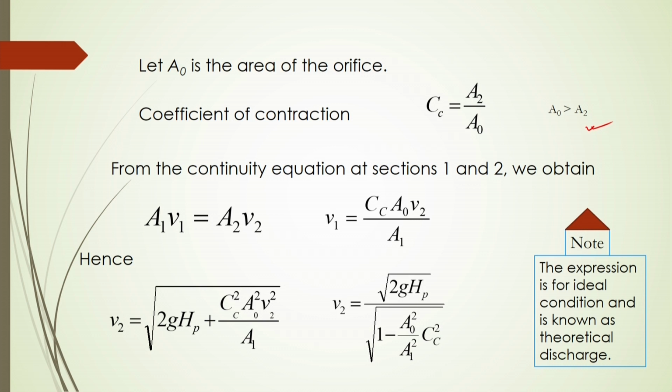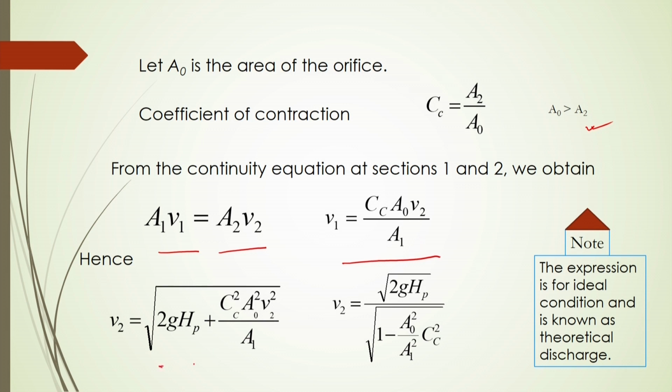From the continuity equation at sections 1 and 2, we obtain A1 V1 equal to A2 V2, and then V1 should be equal to Cc A0 by V2, and in this case Cc will be equal to A2 by A0.